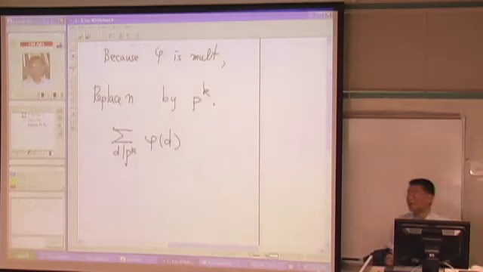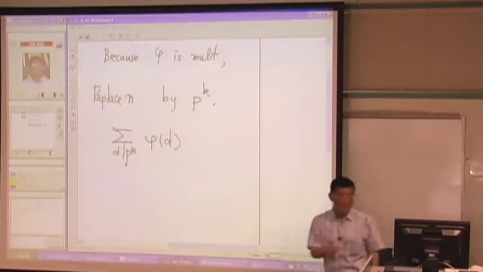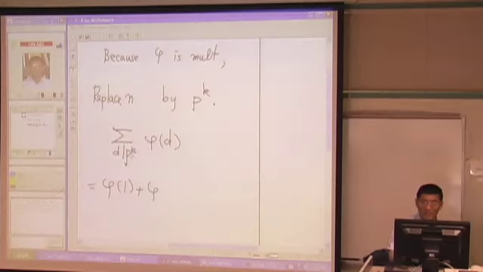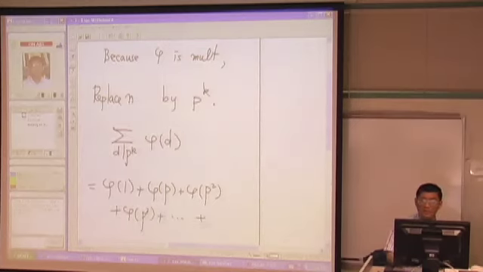So I will write it. What are the divisors of p to the power of k? P to the power of k is divided by 1, and then by p, by p squared, by p cubed, and so on, right? If you don't follow me, ask me.